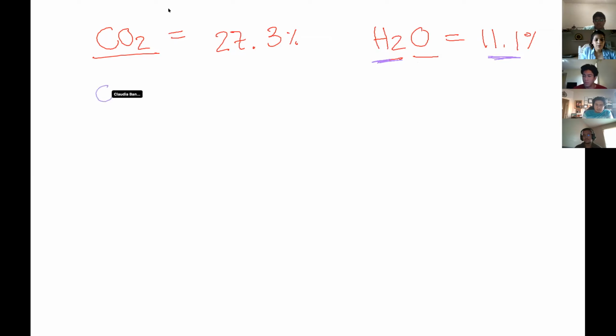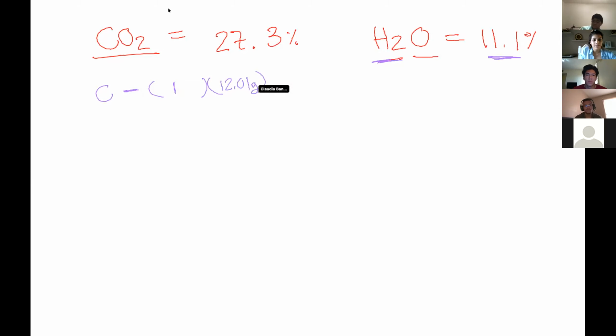So how many moles of C do we have? One. And how much does carbon weigh? 12.01 grams. Good. And this is a percent composition, by the way. How much does the whole molecule, carbon dioxide, weigh? 44.01.